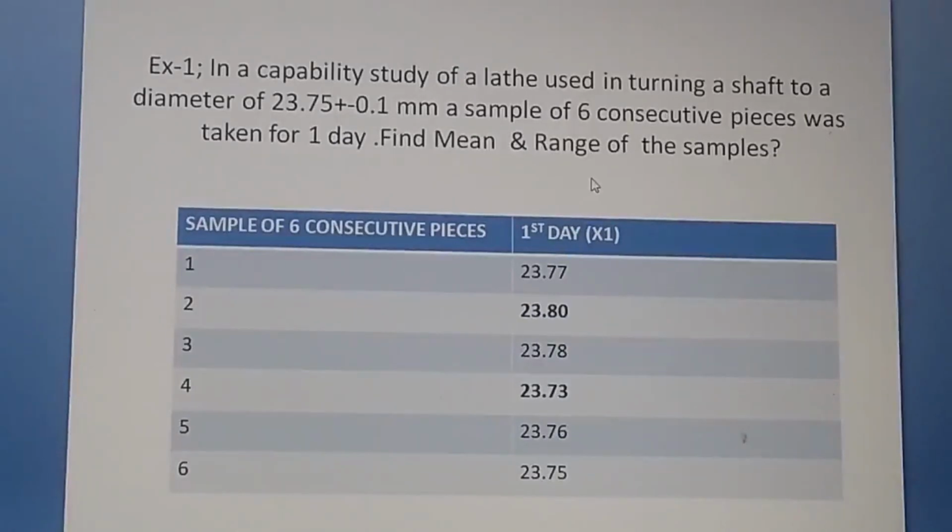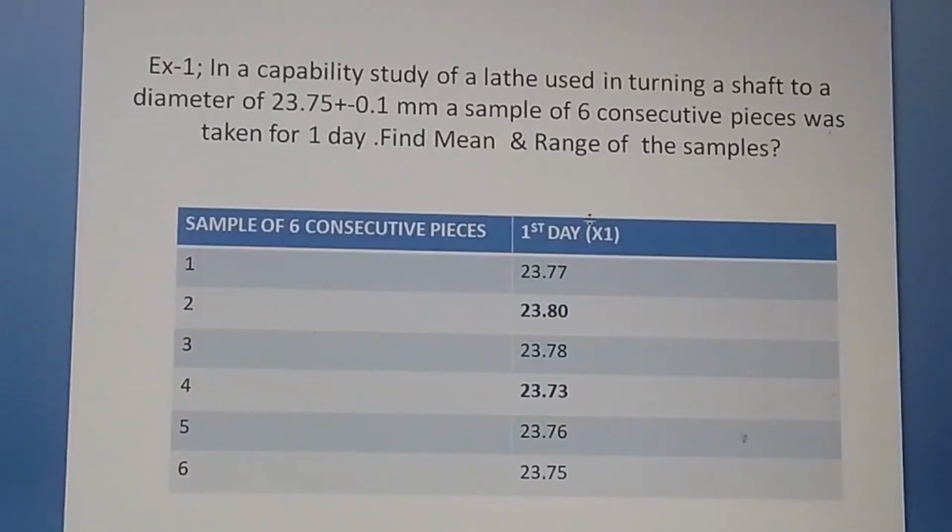So example 1: in a capability study of a lathe used in turning a shaft to a diameter of 23.75 plus minus 0.1 mm, a sample of 6 consecutive pieces was taken for 1 day. We have to find the mean and the range of the samples.